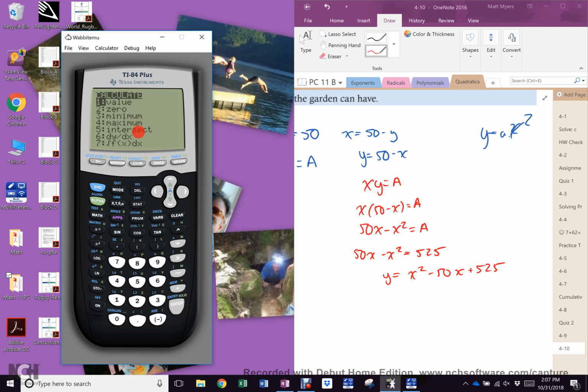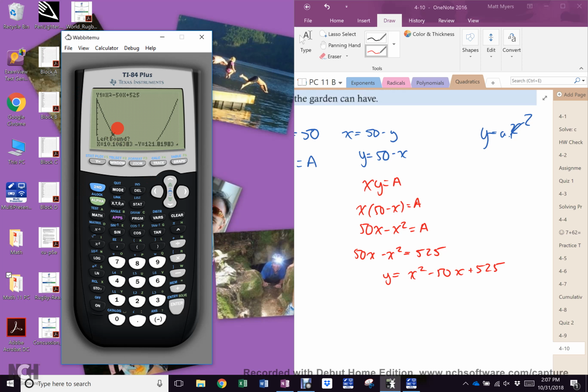What do I want? I want a 0, so I'm going to push 2. Everybody remember these? Left boundary means I push left until the cursor is where I want it. Oh, there it is. Everybody see it?